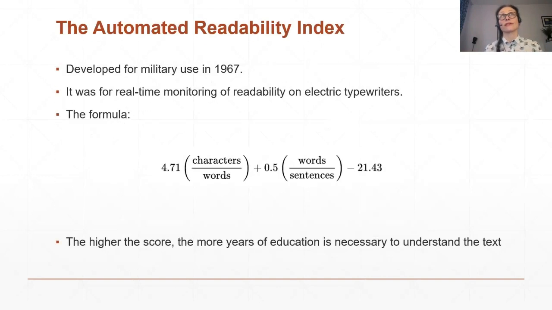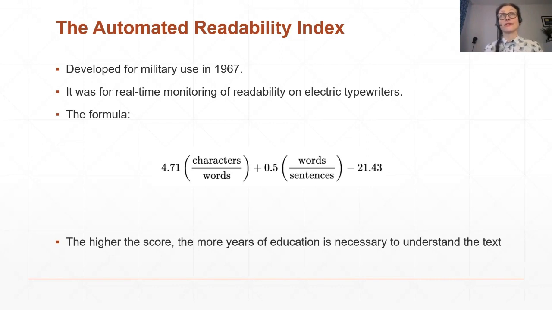There is also an automated readability index, which is interesting because when you think back, all the formulas were computed by hand manually. So this was a groundbreaking thing to do in an automated manner. It was developed by the military to use in the Air Force.